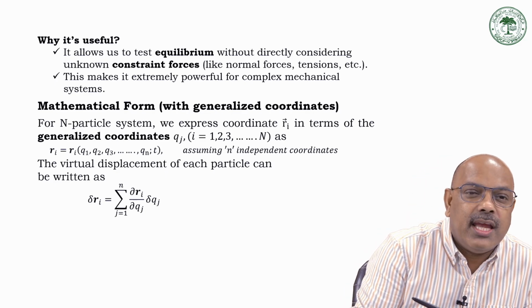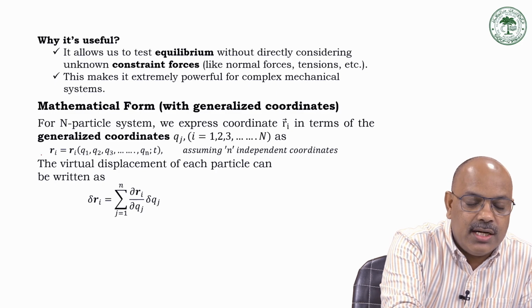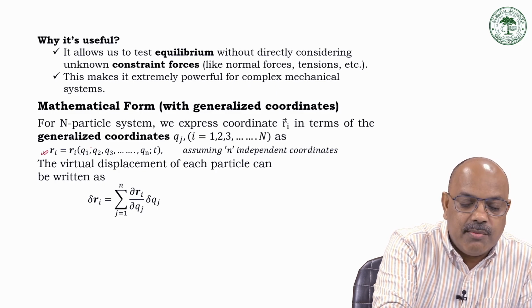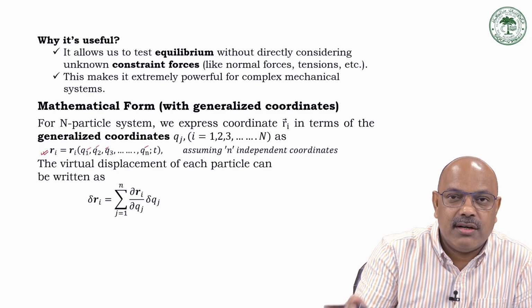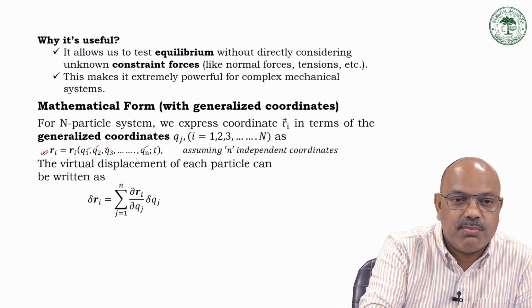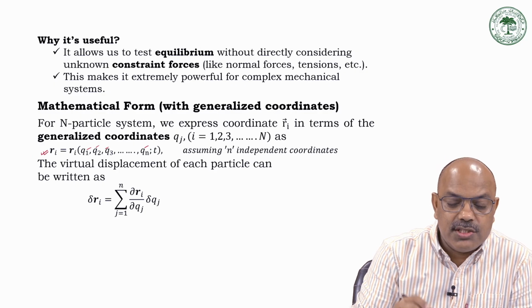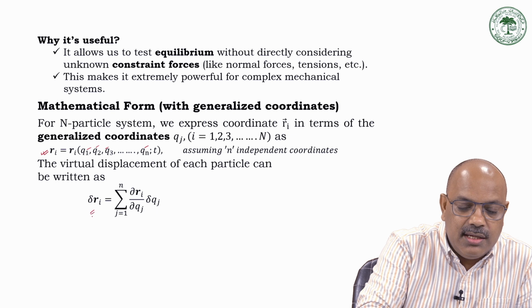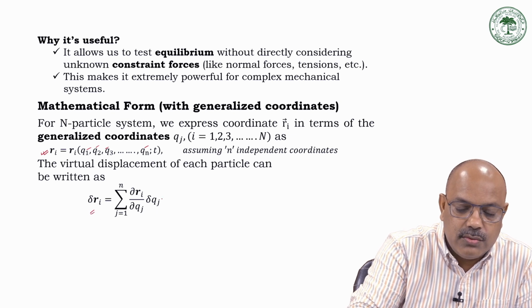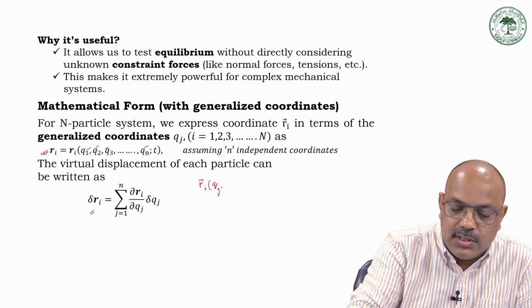You know that I define the generalized coordinates q1, q2, q3, up to qn, which are transformable from configuration space to physical space. The virtual displacement is defined as delta Ri, because Ri depends upon qj as well as t.